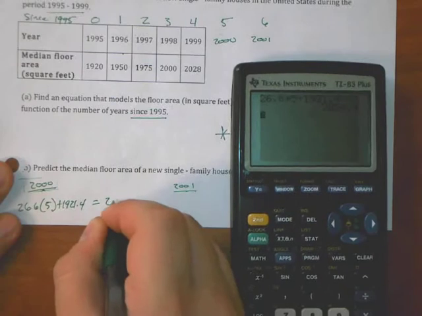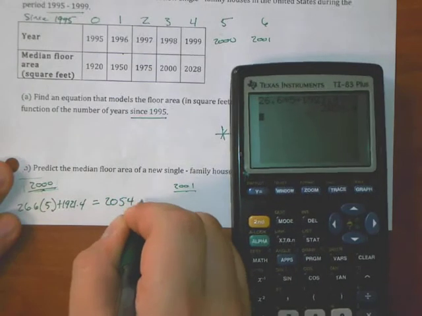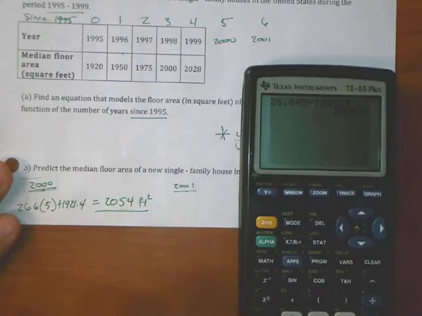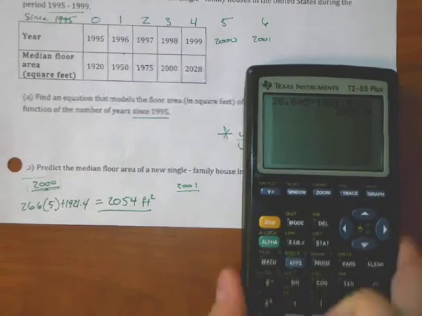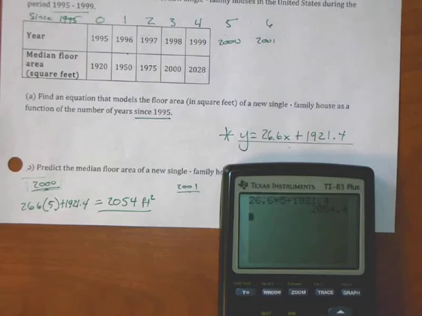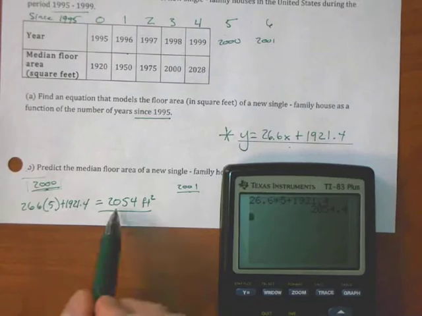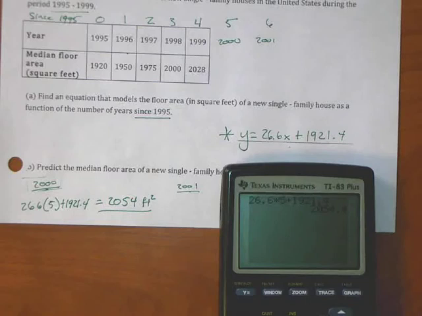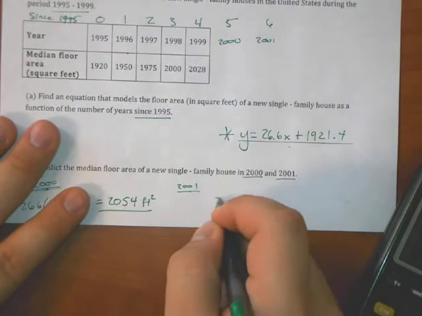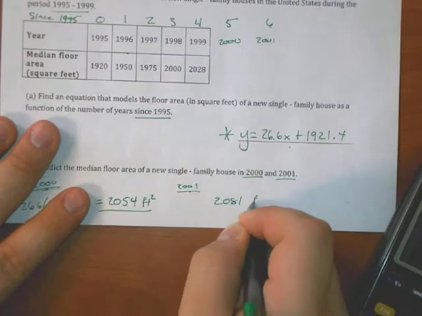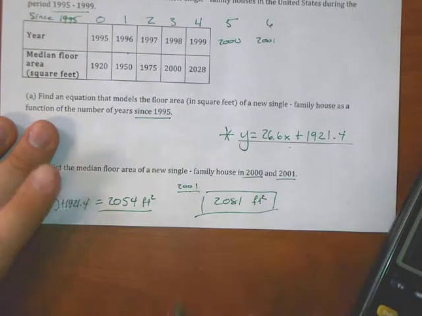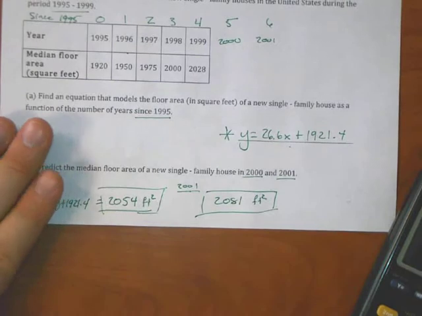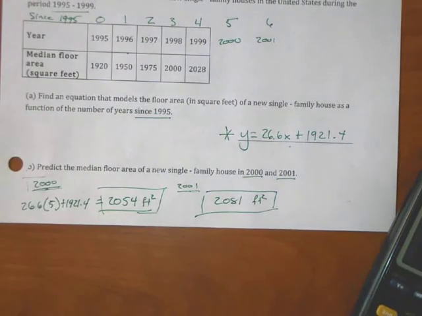So we predict about 2,054 square feet for the year 2000. We predict the square footage in 2001 to be 2,081.